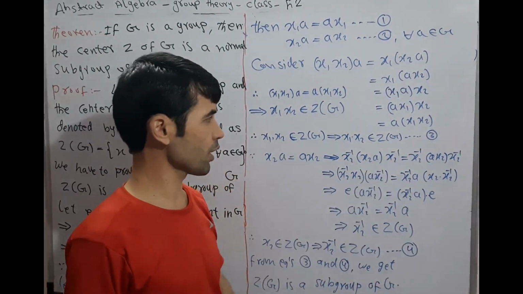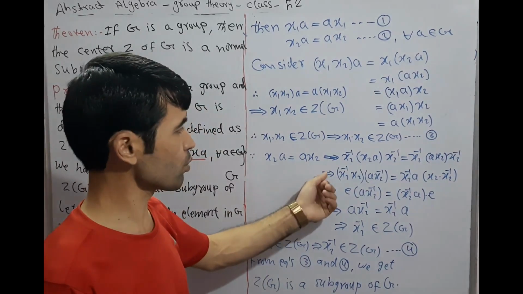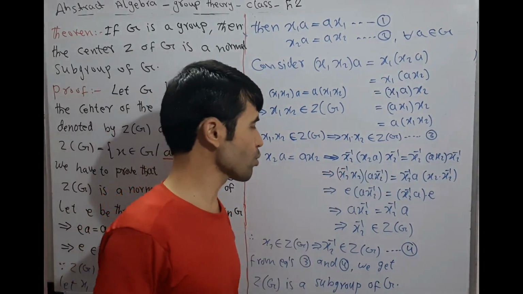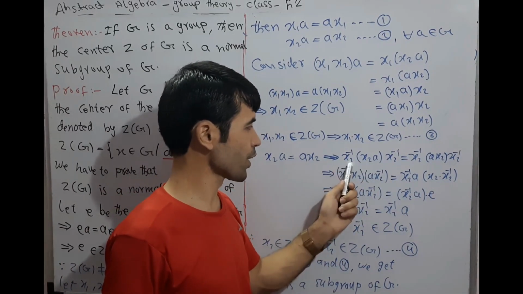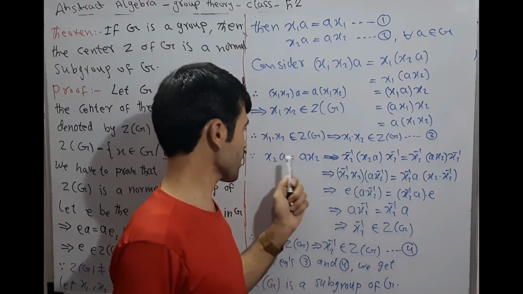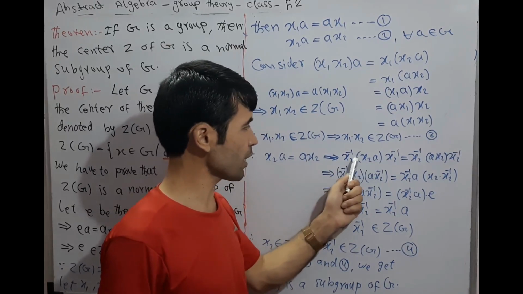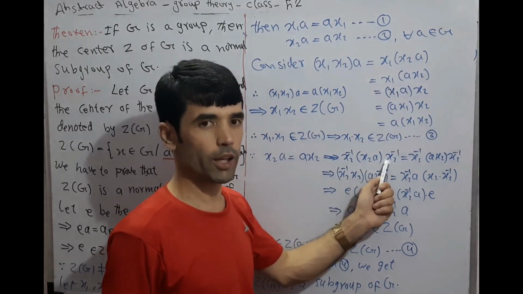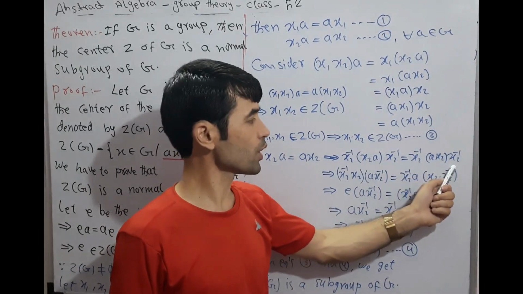It is relation 3. Since x2 a equals a x2, we multiply both sides by x2 inverse, pre and post. Pre and post means before x, after a. Here, x2 inverse into x2 into a into x2 inverse equals x2 inverse into a x2 into x2 inverse.